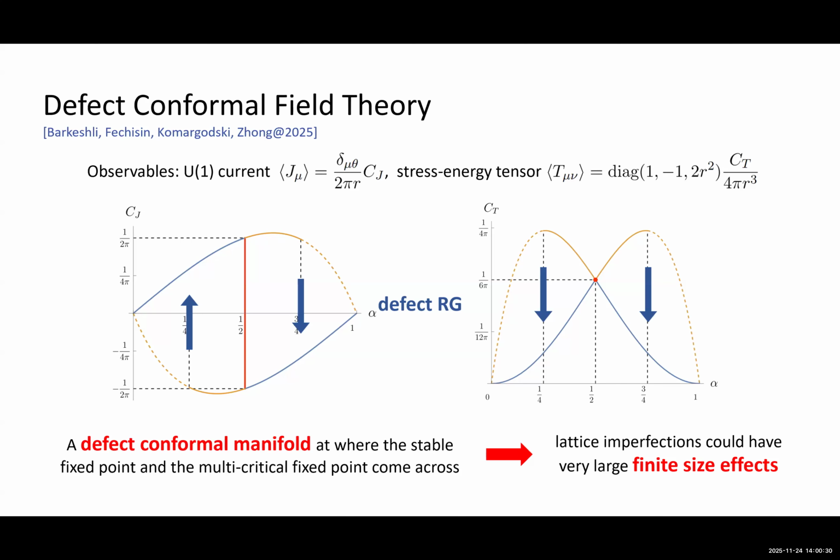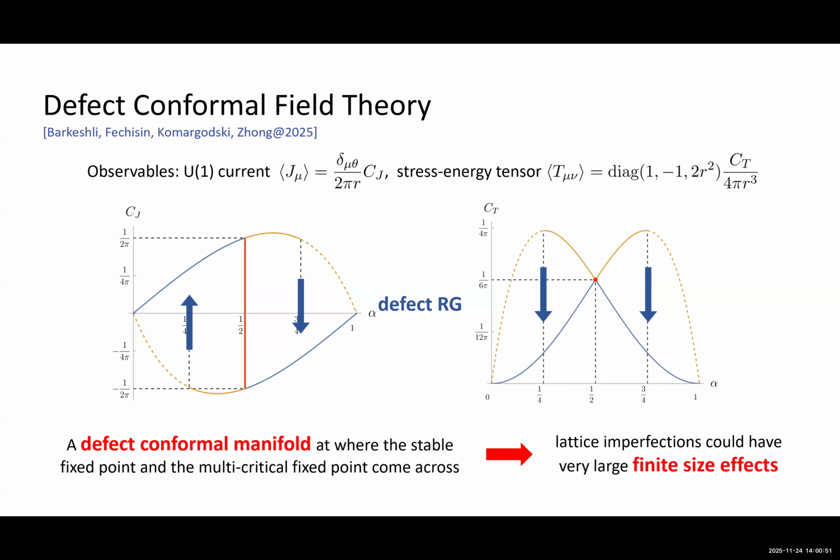I guess you're saying there are finite size effects right next to 1/2 because you have nearly marginal operators. Oh, yeah, okay. Yeah, true. Let's say you have some lattice imperfection with a particular set of topological quantum numbers and the Dirac momentum that end up with a flux that is extremely close to 1/2.